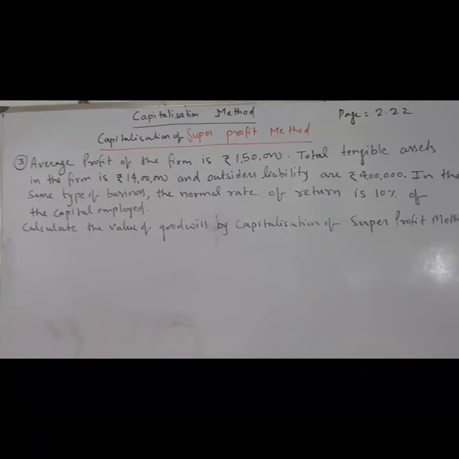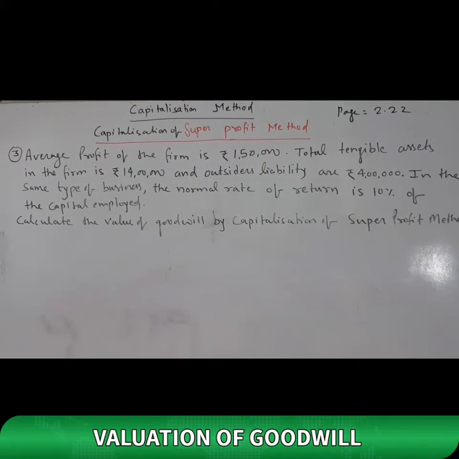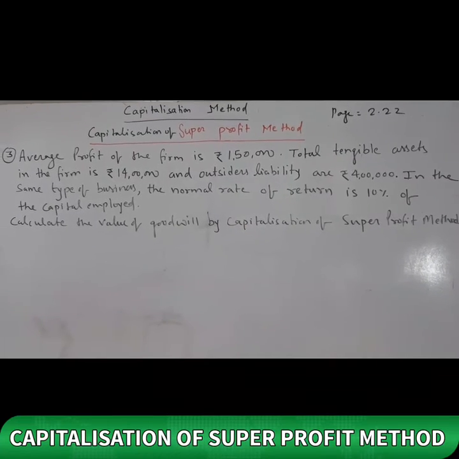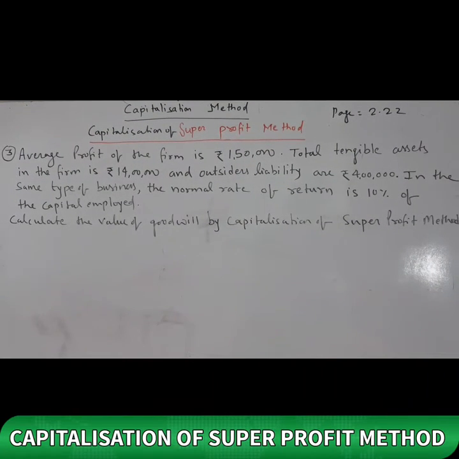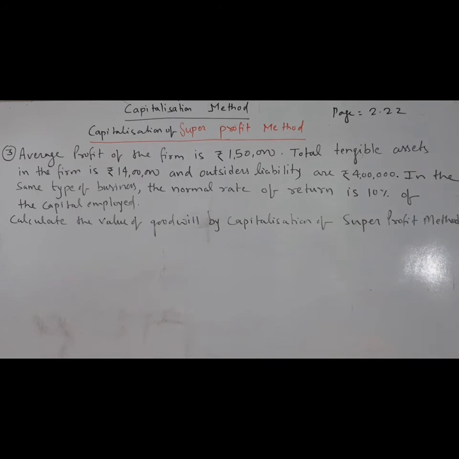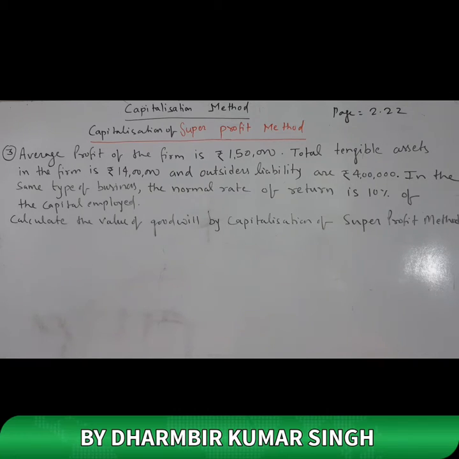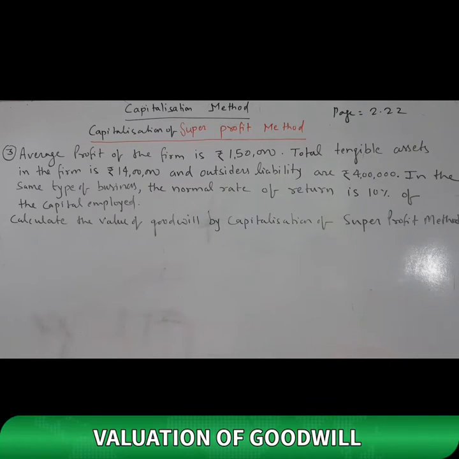In the same type of business, the normal rate of return is 10%. Calculate the value of goodwill by the capitalization of super profit method.